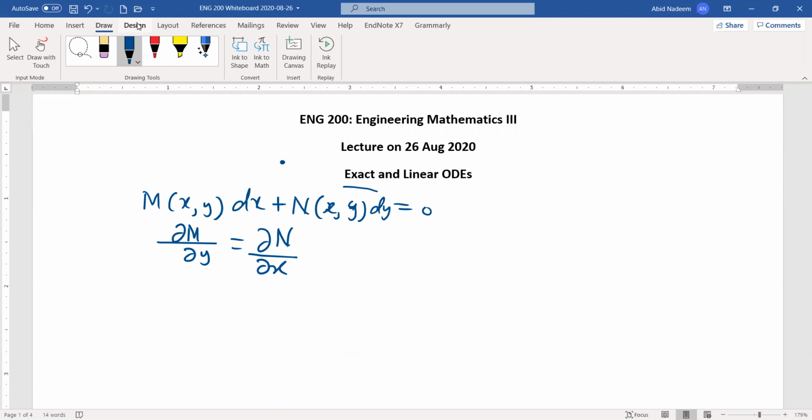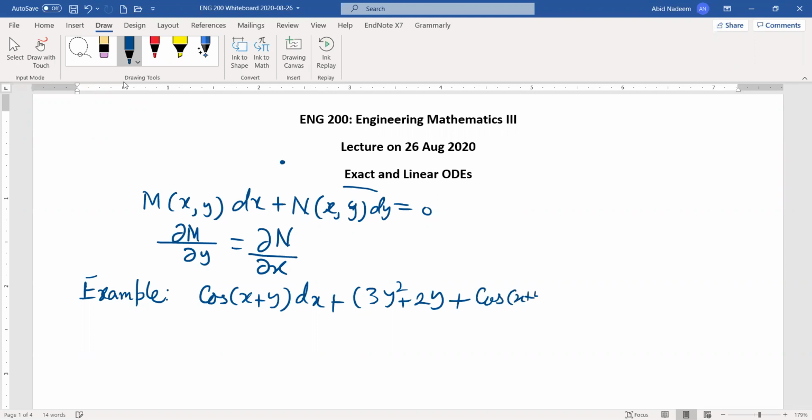Let me show you with the help of an example. Let's take this equation: cosine of (x plus y) dx plus (3y squared plus 2y plus cosine of (x plus y)) dy is equal to 0.